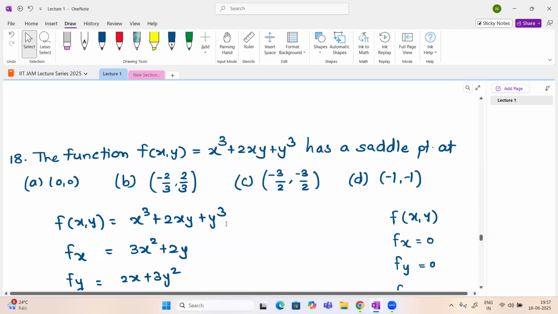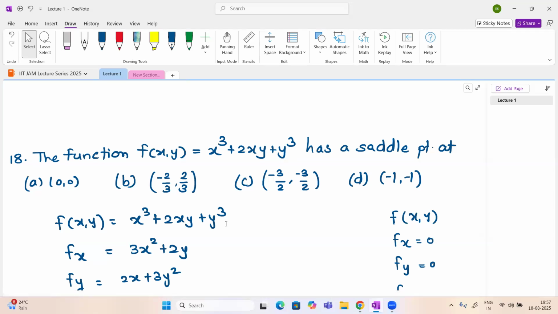In this problem, the points should satisfy the first derivatives also, right? Please speak loudly. Those points have to satisfy the first derivatives fx and fy equal to zero. But option b is not giving me 0, like -2/3 and 2/3.